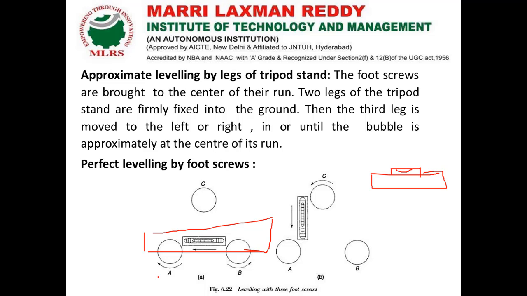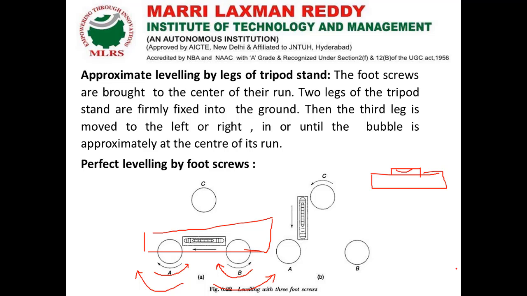After that, by adjusting the two foot screws simultaneously, either inside or outside, by rotating the foot screws simultaneously towards inside or towards outside, the bubble has to come to the center position of the bubble tube.